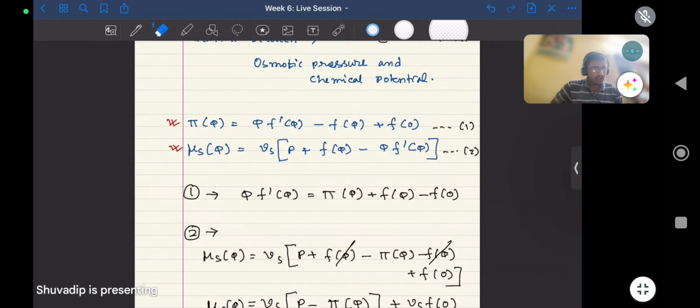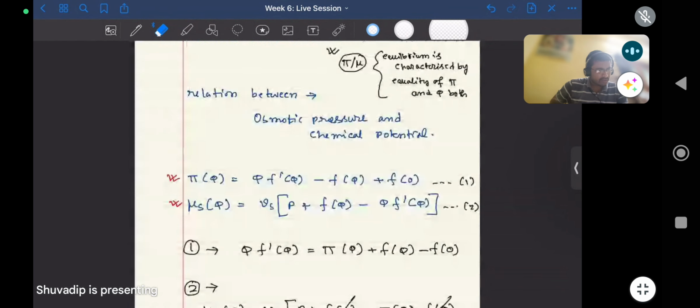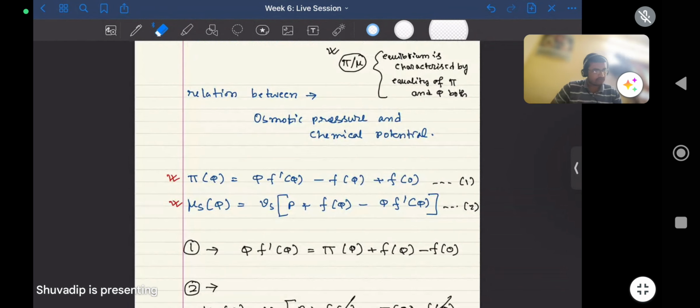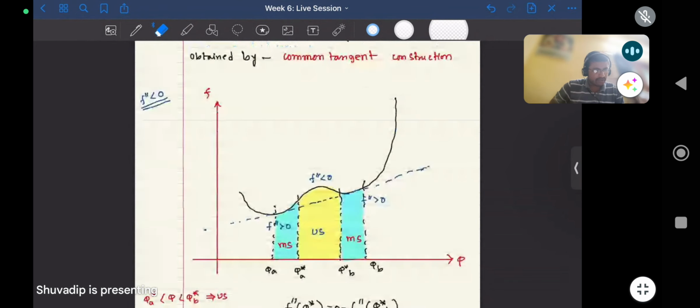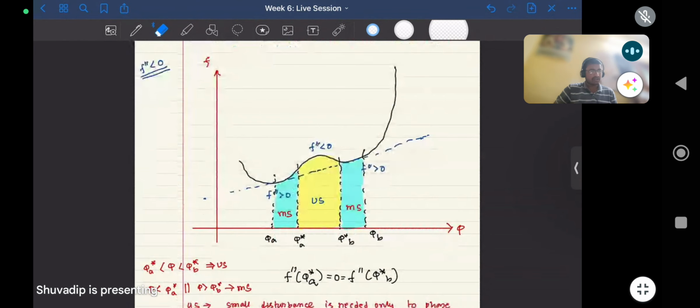And the equilibrium is characterized by equality of both of these quantities, osmotic pressure and chemical potential. Then there is this kind of diagram where we have discussed the unstable regime and the metastable regime. In the unstable regime, if you give a small disturbance, then the system will phase separate. In the metastable regime, on the contrary, you need a very big disturbance to phase separate.